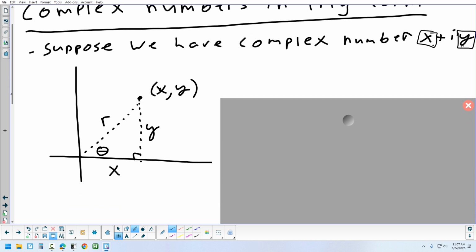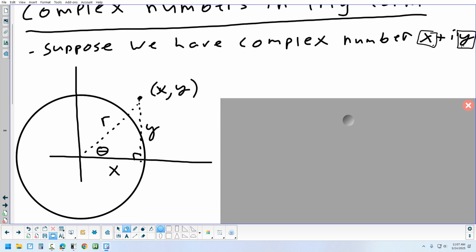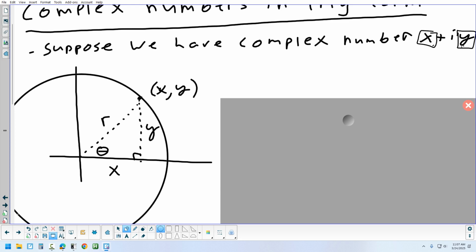So I want to think of that point now as being on a circle, just like that. One way to describe how to get to this point is to say move right X units and move up Y units.